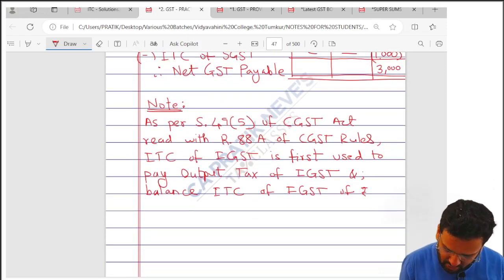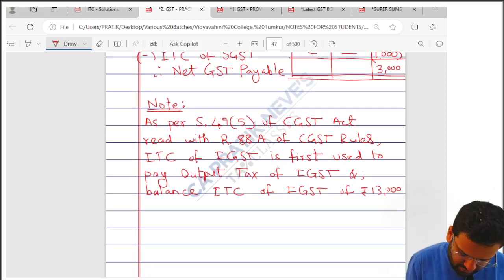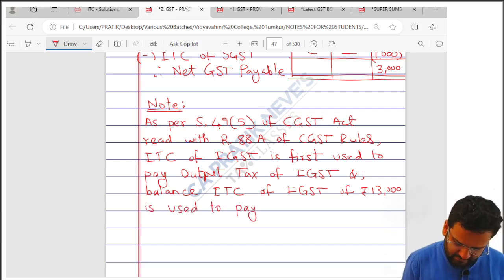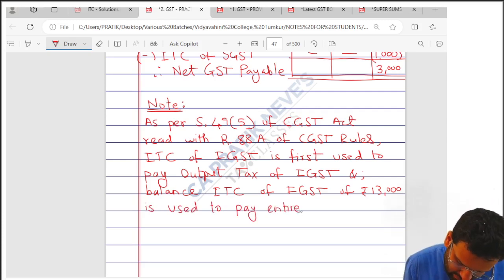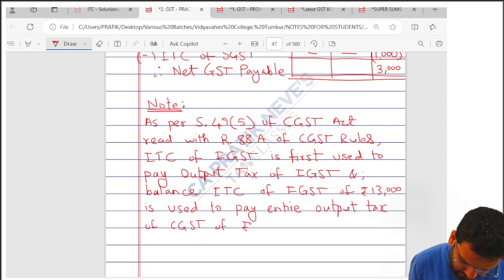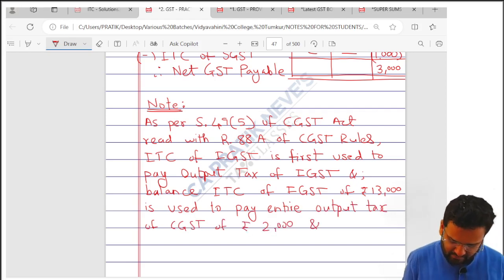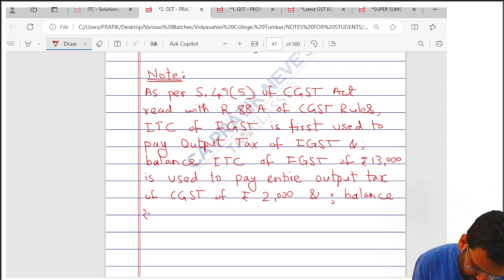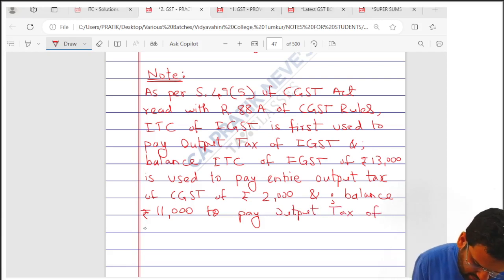Yes, and balance ITC of IGST of rupees 13,000 is used to pay entire output tax of CGST of rupees 2000 and the balance rupees 11,000 to pay output tax of SGST.